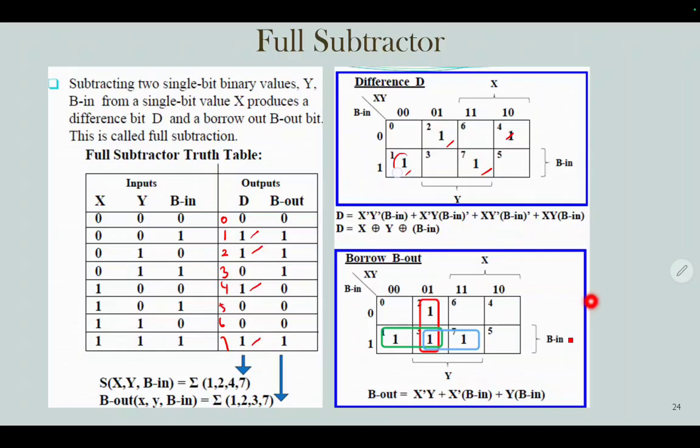You can read the output here, same as the full adder before, and you get this equation. This can also be represented by 2 XOR gates. This is the output for borrow. You can read 1, 2, 3, 4 in this table, and you get the borrow output.